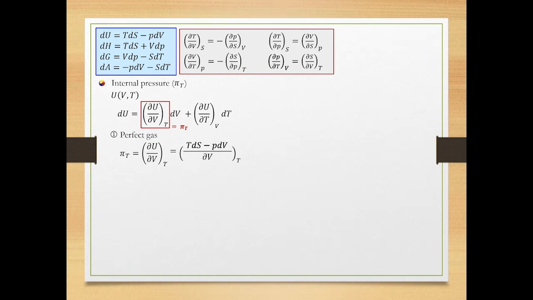The pi T can be written as T times the partial derivative of S with respect to V at constant T minus P times the partial derivative of V with respect to V at constant T. dV is cancelled out. Now, the pi T is simplified to T times the partial derivative of S with respect to V at constant T minus P.